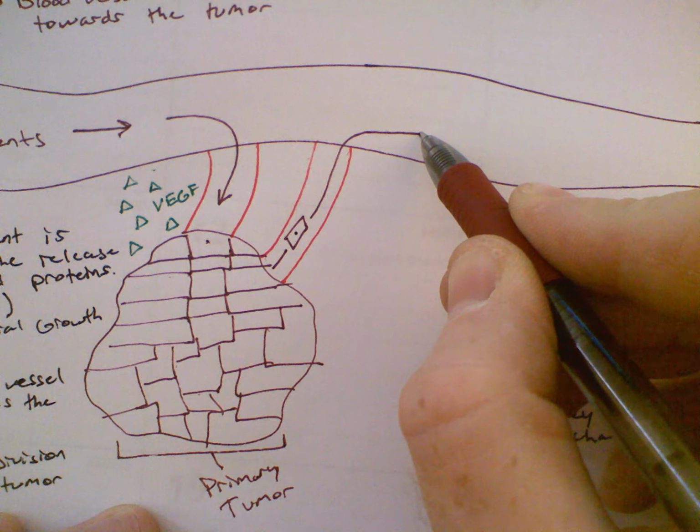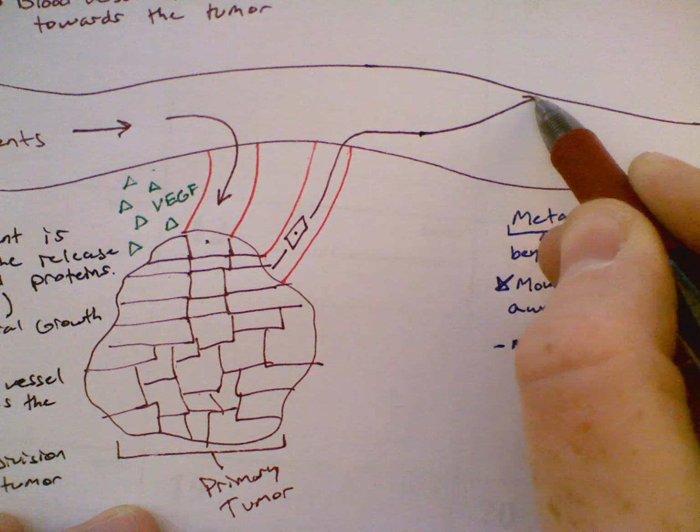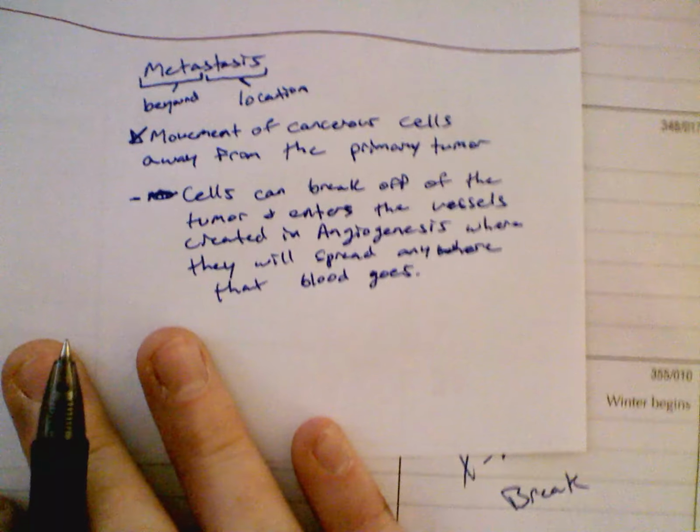So we could see them coming in here and maybe embedding up here in this wall, and we will end up with secondary tumors forming, and then we could have tertiary tumors forming, and quaternary, and so on, as this cycle just repeats and repeats and repeats. So let's add that in.